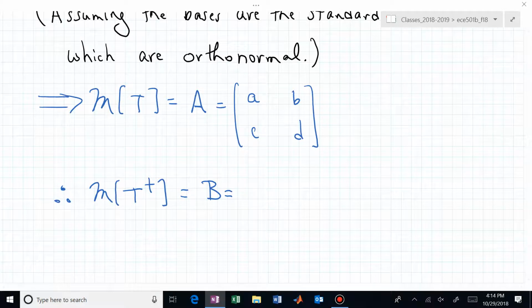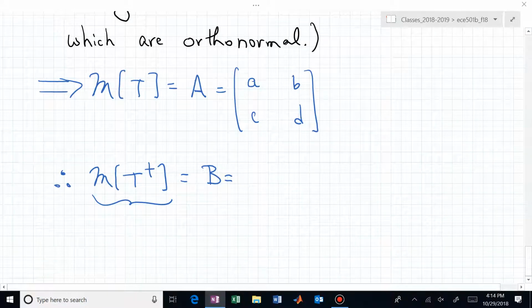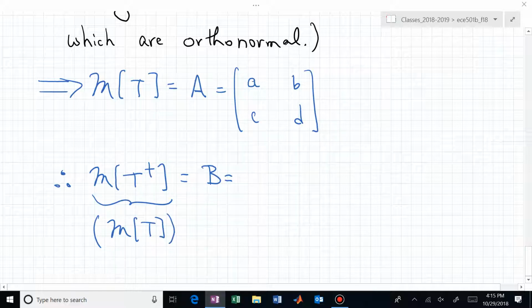What do I know this is equal to? It's the conjugate transpose, or the transpose conjugate of the matrix representation of the linear map T. So this, we could say, is now the matrix representation of T complex conjugate transpose.